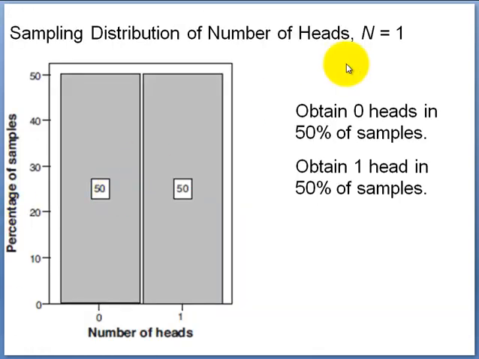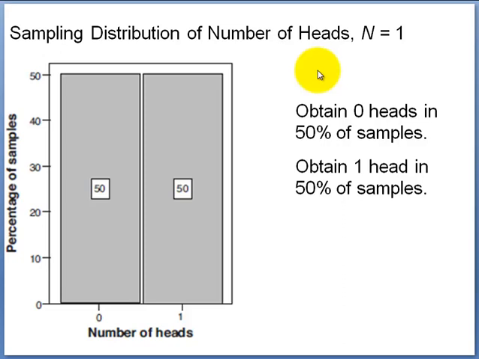So a sampling distribution where n equals 1 is one and the same as a frequency distribution. What distribution would we get if we tossed an unbiased coin once and recorded the number of heads that we obtained in that sample?